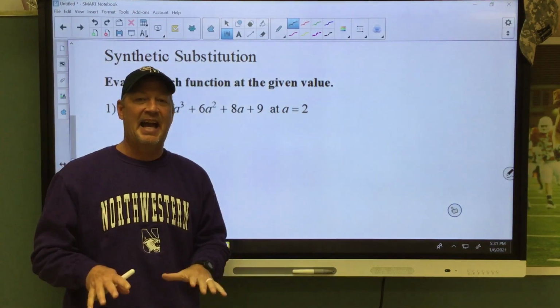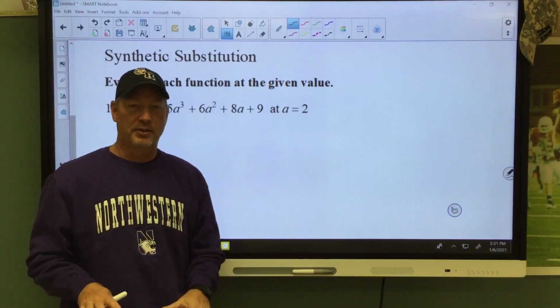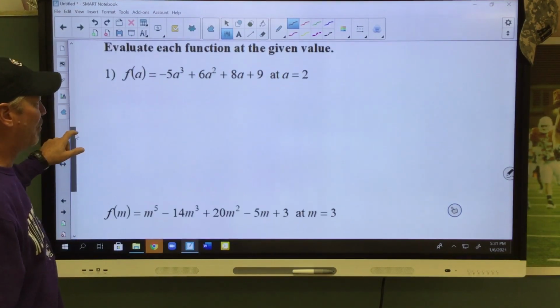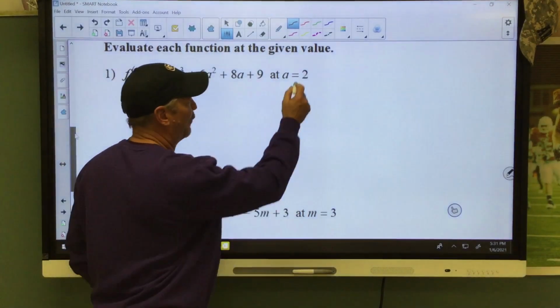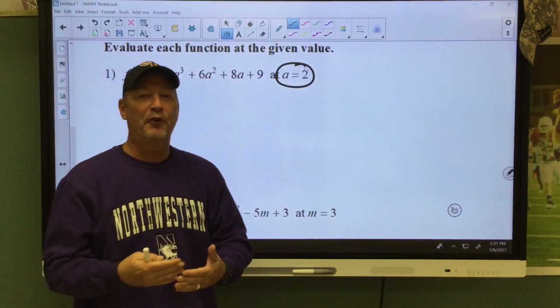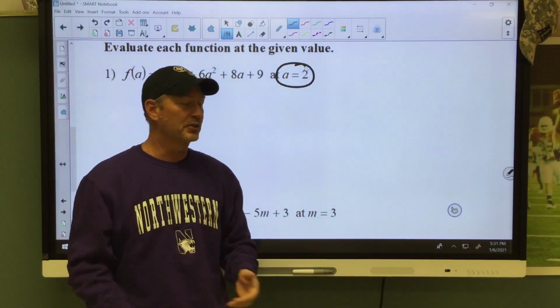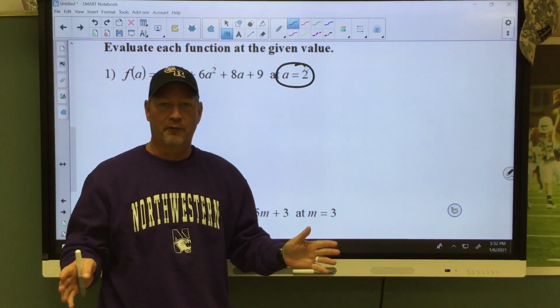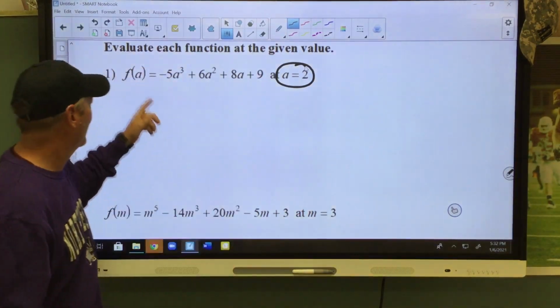It is the exact same process, except the only thing different, they have already figured out and told us what number to use in our bracket.